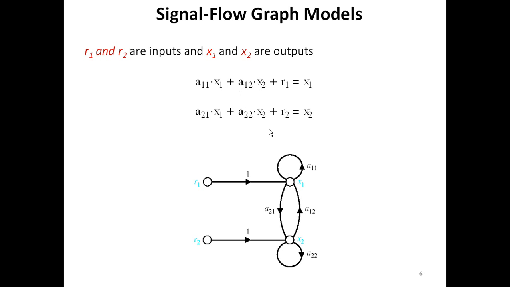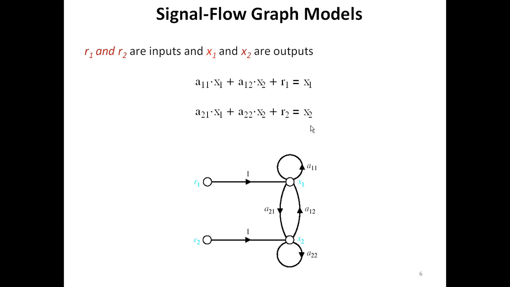Then A12 X2, so input from X2 with the gain of A12, plus R1. So there is a coefficient of 1, so gain is 1 and it is coming from R1. So direction is from R1 to X1. So X1 expression is completed.